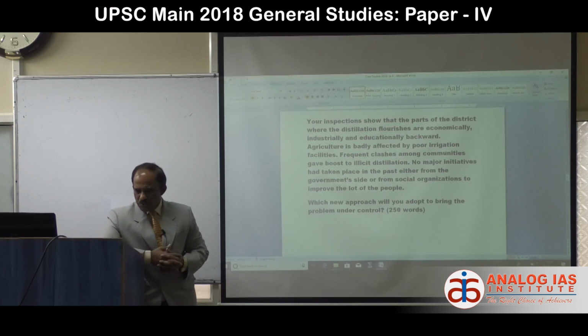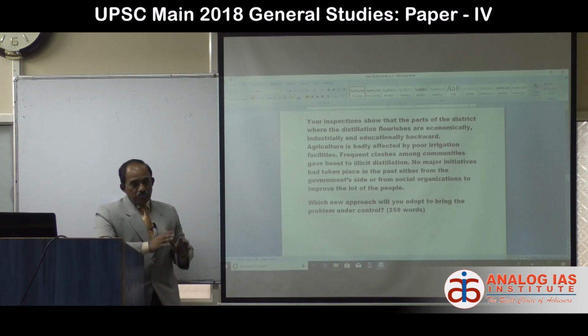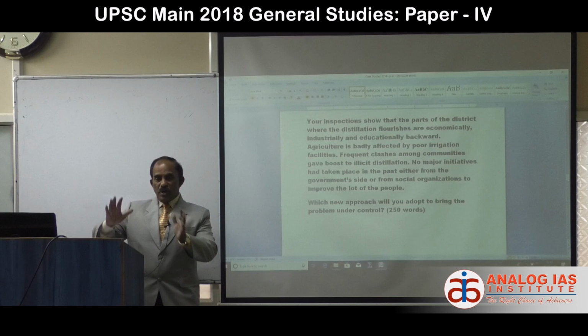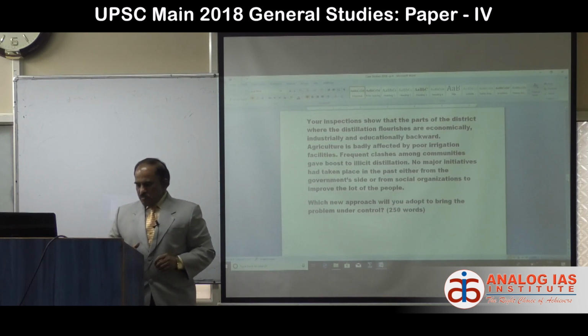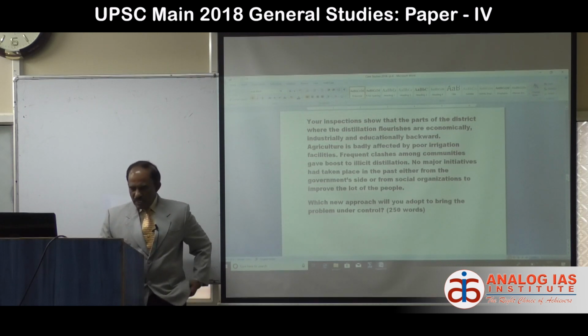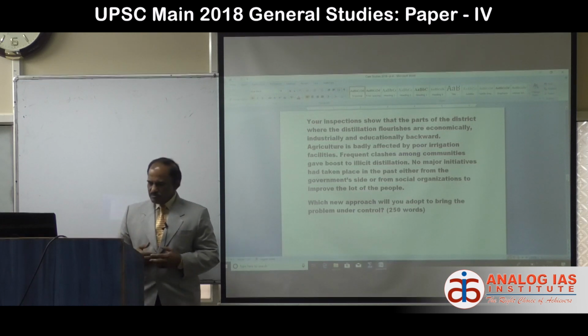So the solution should be with a new approach. Now what approach should the IPS officer take? Now there is a limitation for him because he is an IPS officer, he cannot have access to other aspects of administration. But he can work with other agencies. So he must take a proactive role like this.